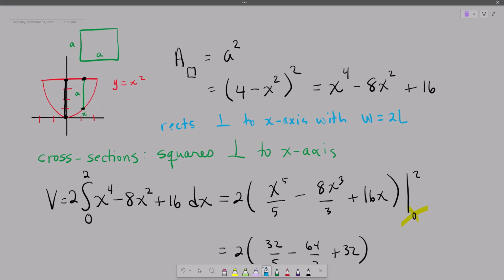So the width of the rectangle is twice the length. And then we'd have to know where the width and the length are. W is perpendicular to the, we'd somehow have to indicate that this is the width of the rectangle, that the width is between the two curves, between x squared and 4.